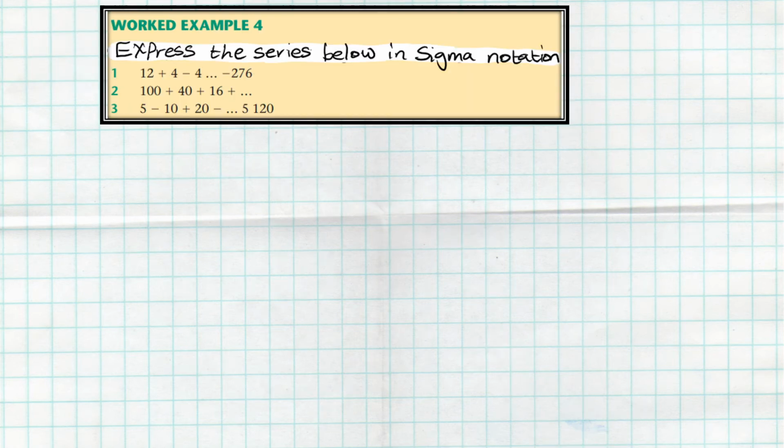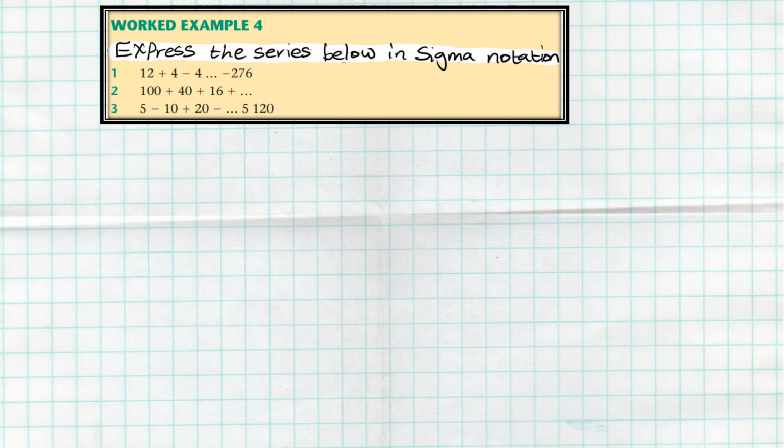Okay, worked example number 4, expressing series in sigma notation. All along we have been just evaluating or determining the values of sigma notation, and in our last example just now, we showed you how to calculate the value of n using sigma notation.